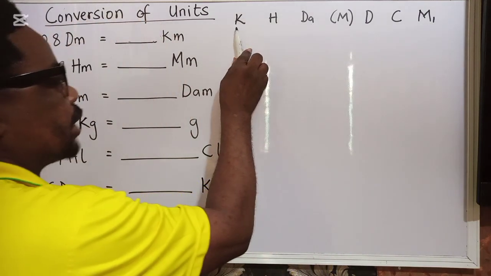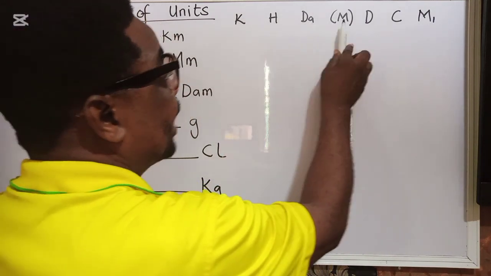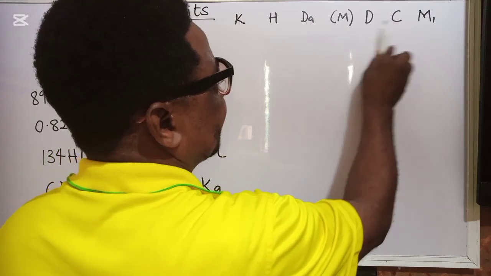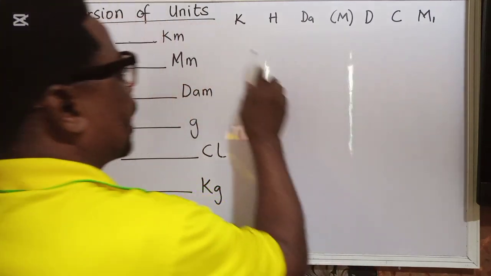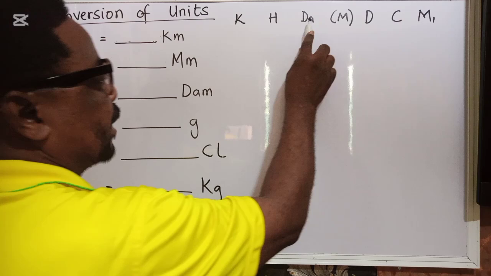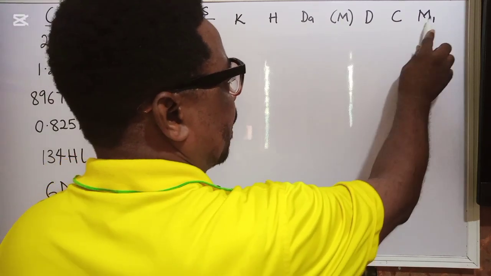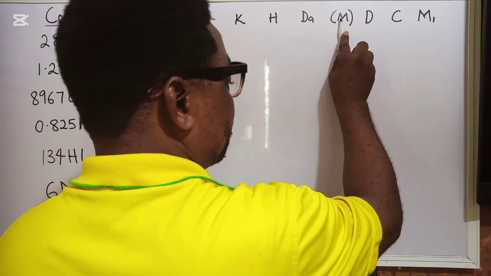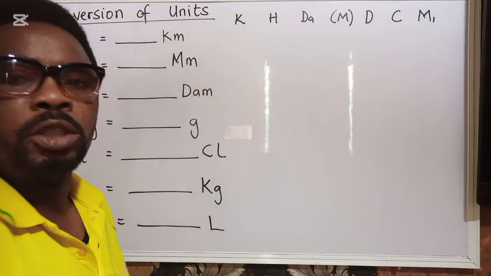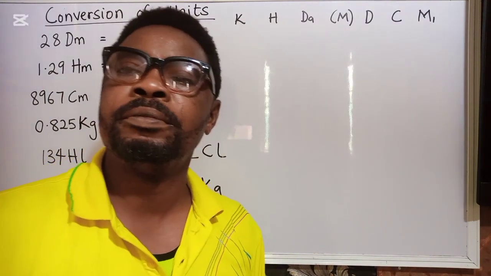It can be kiloliter, hectoliter, decaliter, liter, deciliter, centiliter, and milliliter. It can be kilogram, hectogram, decagram, gram, decigram, centigram, and milligram. So that is it there.